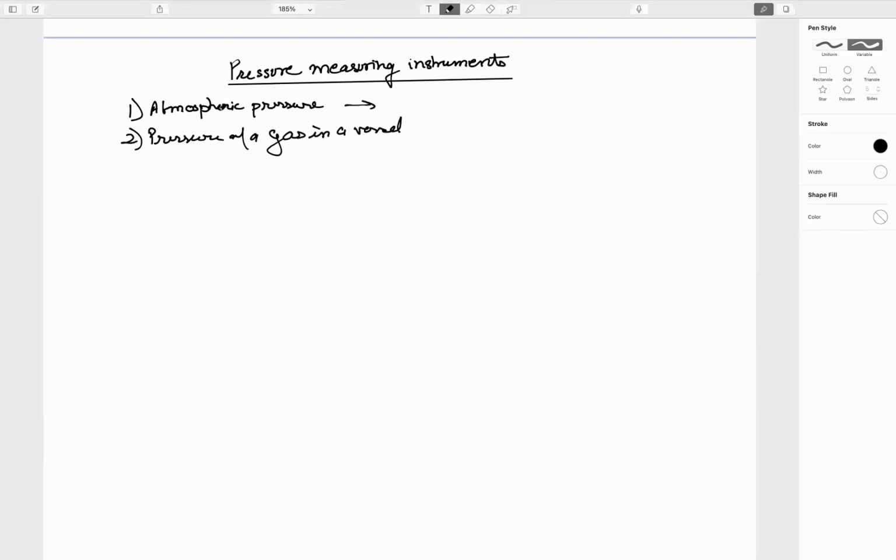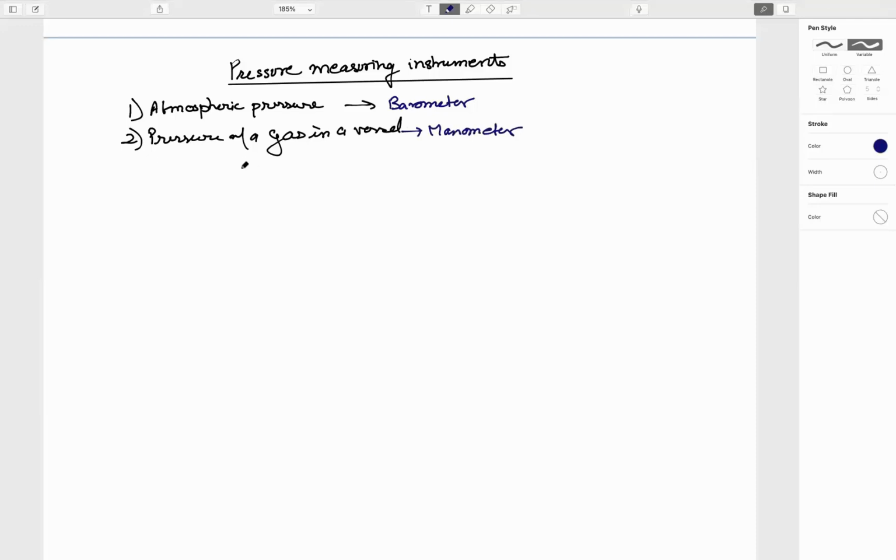The instrument used to measure the atmospheric pressure, the pressure of the atmosphere, is nothing but the barometer. The instrument used to calculate the pressure of the gas stored in a particular vessel is the manometer.